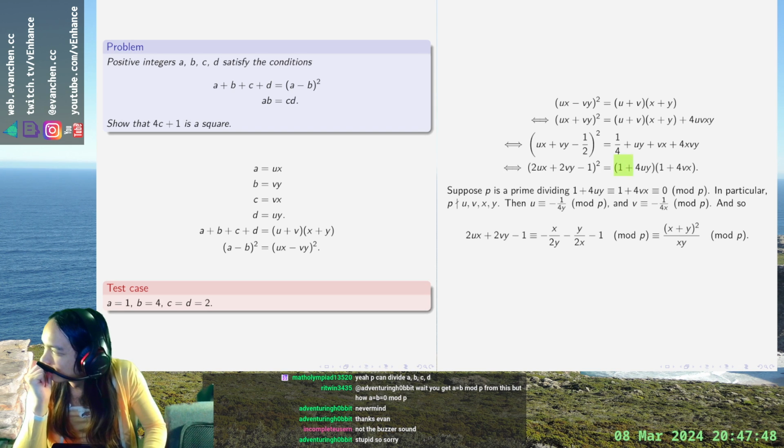Yeah, welcome to math. Sorry, I lost my train of thought. I wanted to say that the VPs are behaving in some way, but I don't actually know how to check it. So if P divides X plus Y, it actually implies what? U and V are negatives mod P.